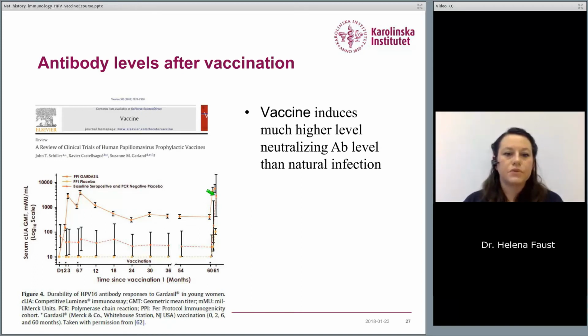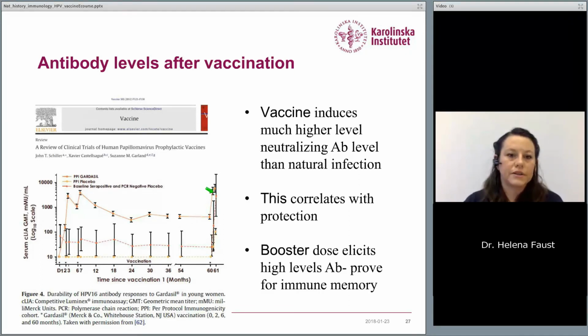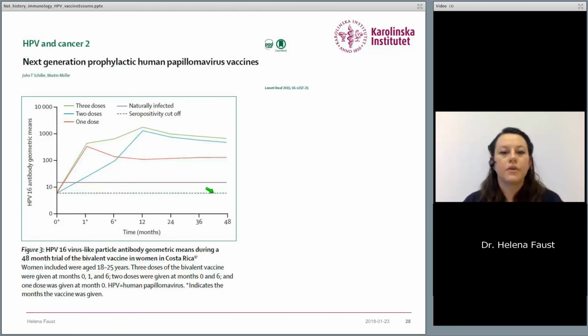If you give a booster dose, as given here, the antibody level rises back to the original or even higher stage. This is a sign of immune memory, and high antibody levels are correlated with protection.